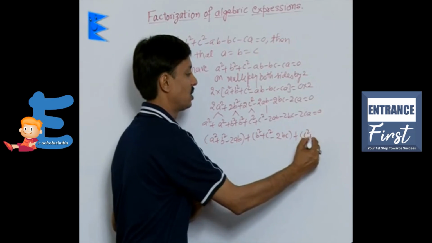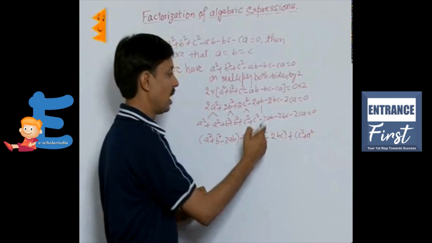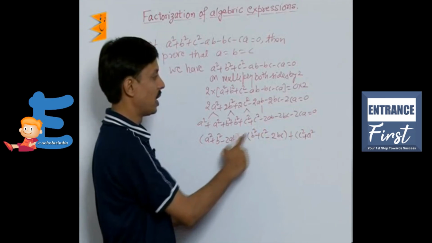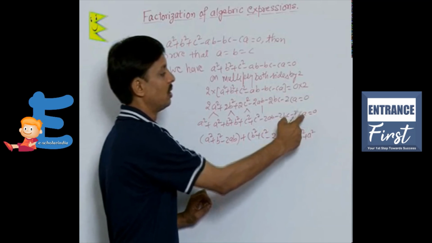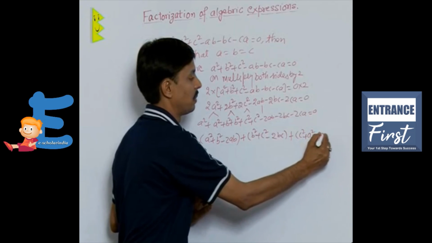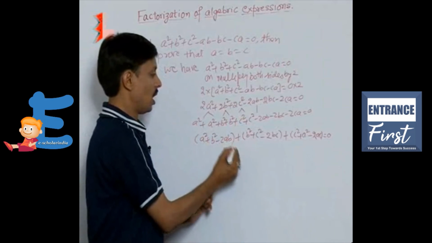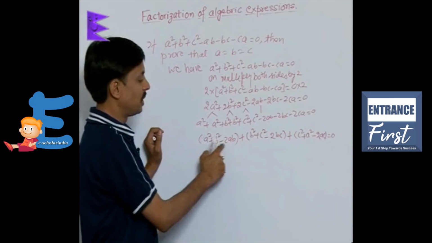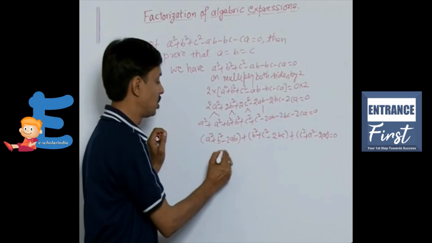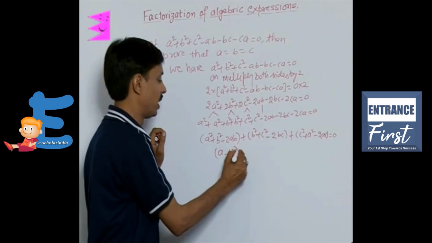So I can write c square plus a square, and minus 2ab used here, minus 2bc used here, so only left part is minus 2ac, and that is equal to 0.